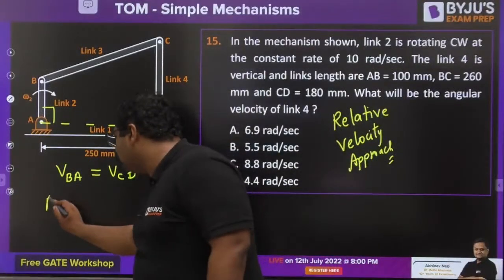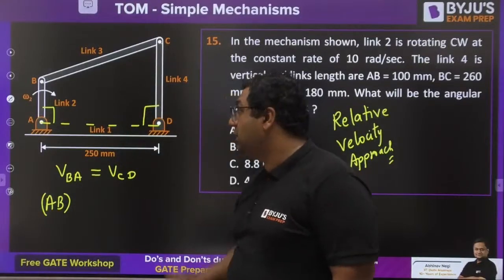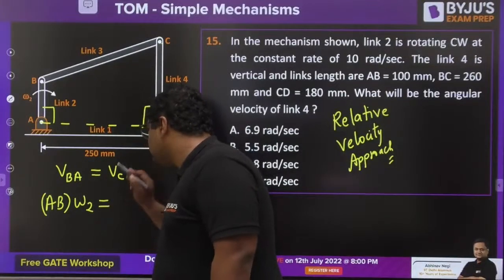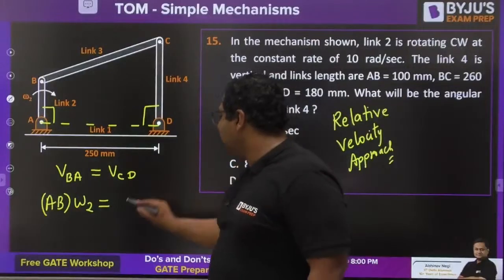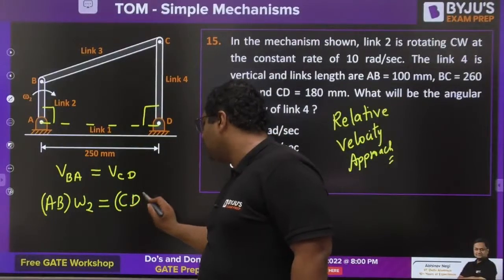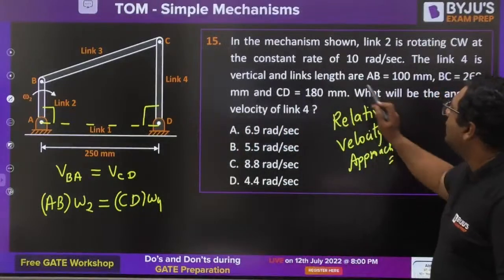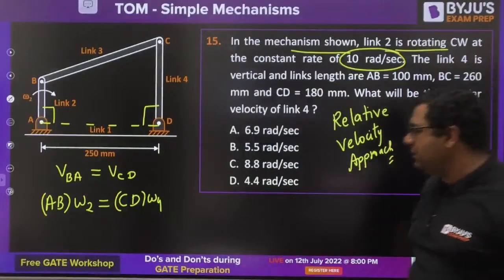This can be derived by the velocity diagram, but there is no need to go for it. You can directly use it. I have done it in the classes. AB into omega 2, you can write it. And this can be written as CD into omega 4. They have already mentioned in the mechanism that link 2 has an angular velocity of 10 radian per second.